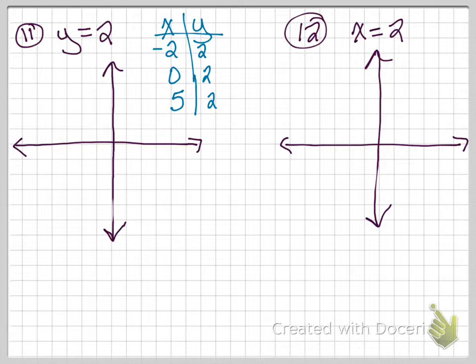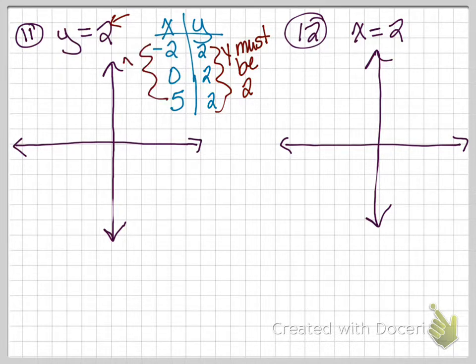My y in this situation, y must be 2. And that's because of that right there. It says that y equals 2. Every single time, all day long, y must be 2.